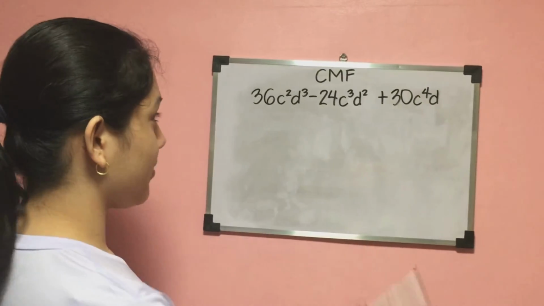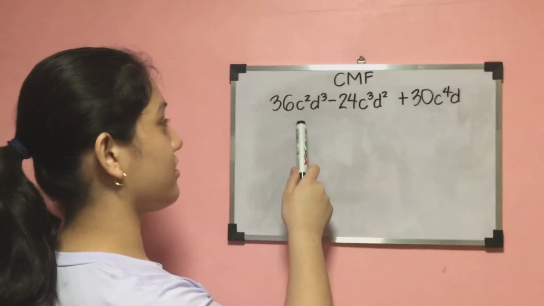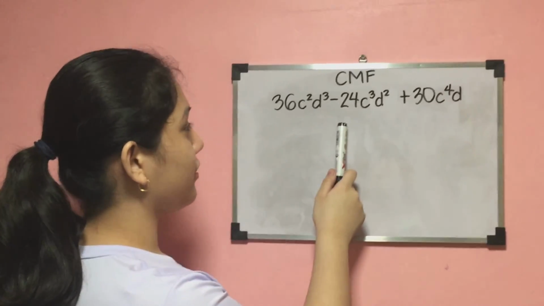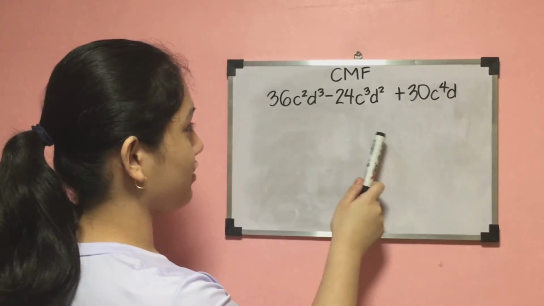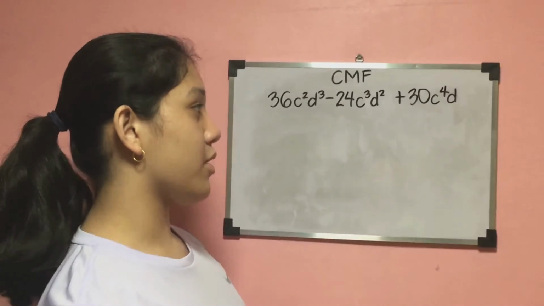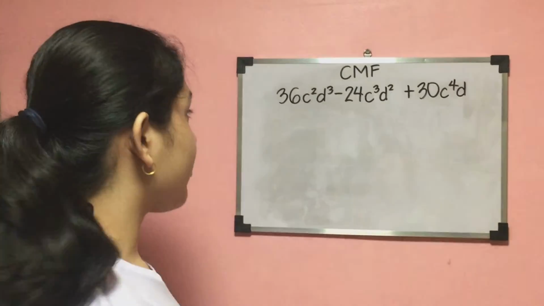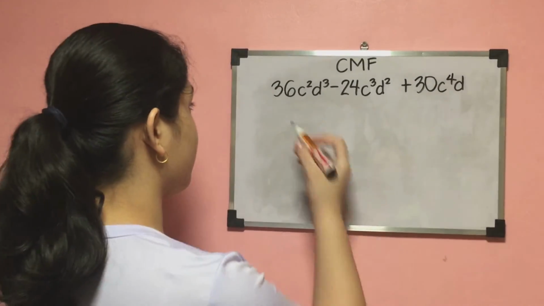For example, we have 36c squared d cubed minus 24c cubed d squared plus 30c to the power of 4d. So what we're going to do first is get their GCF.